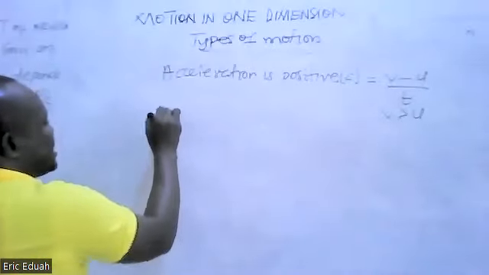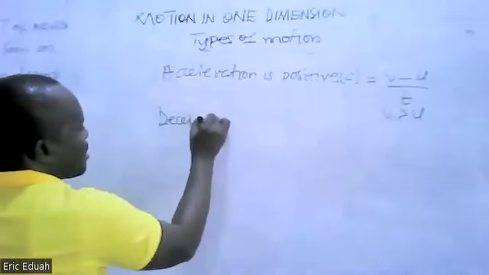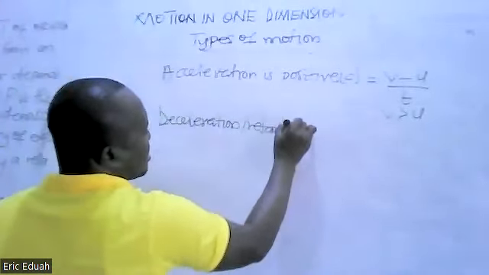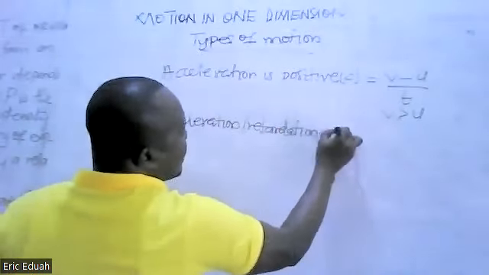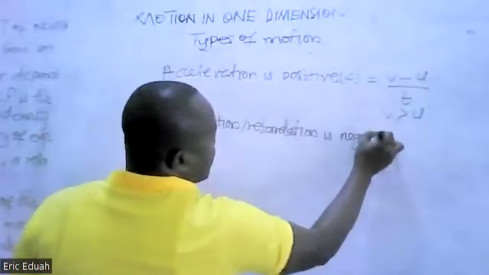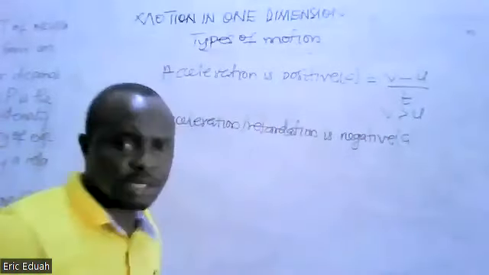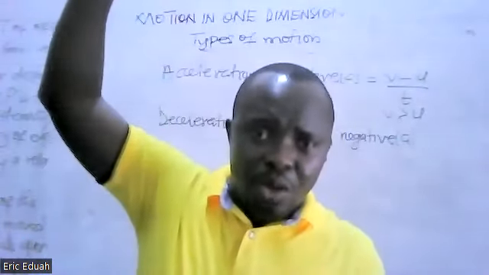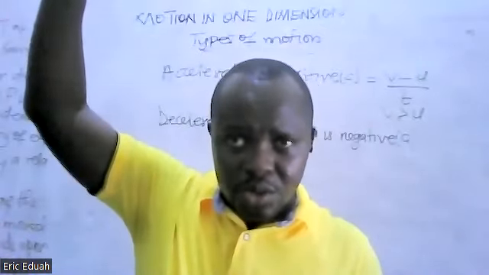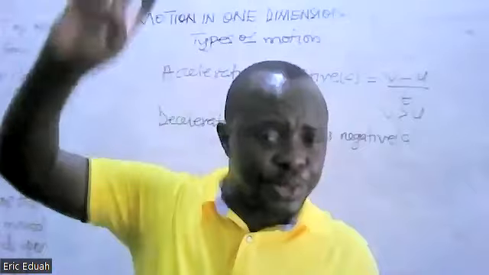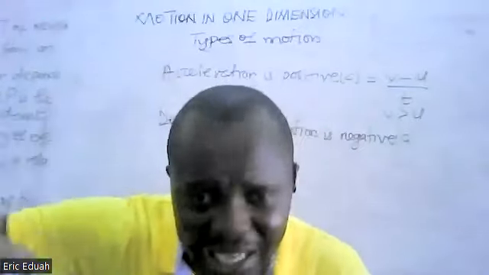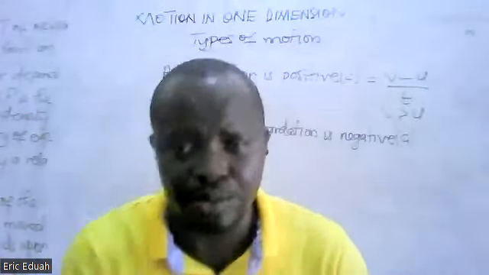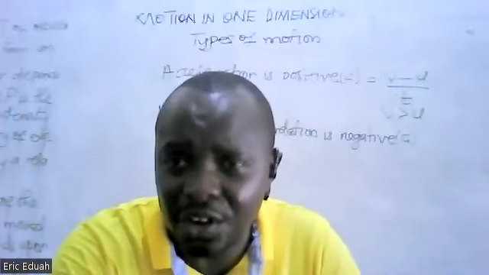Now, deceleration or retardation is negative, because look at the example I stated. A vehicle is moving at a top speed to the house. No matter how speedy your car can be, you can't enter your house without reducing speed. You have to reduce speed till you get home. By the time you get to the house, your final velocity will be what?